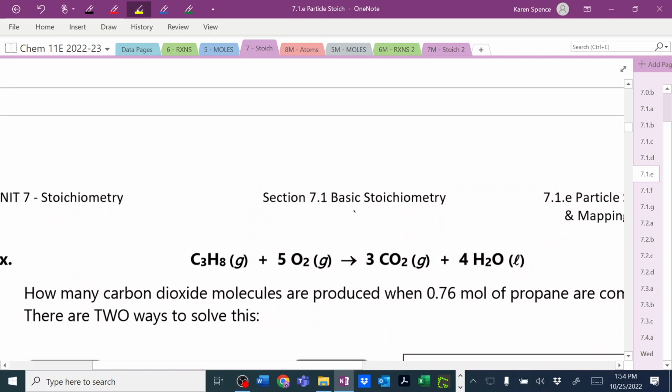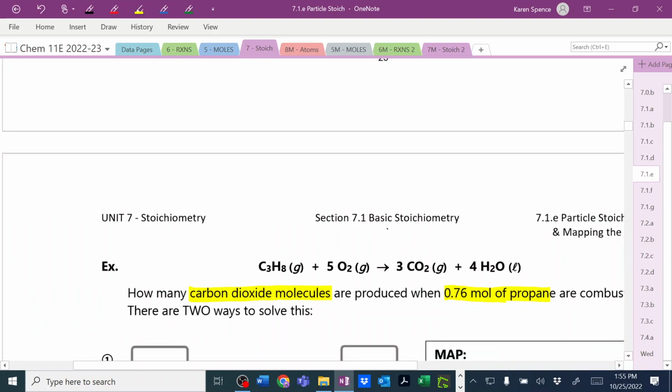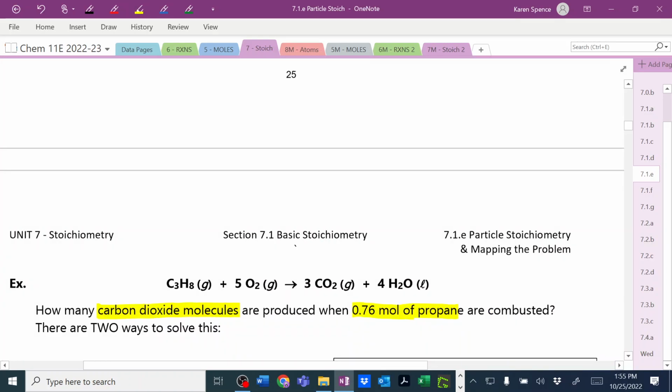How many carbon dioxide molecules are produced when 0.76 moles of propane are consumed, combusted? So we would be starting with 0.76 moles. Which substance here is propane? Propane, C3H8.